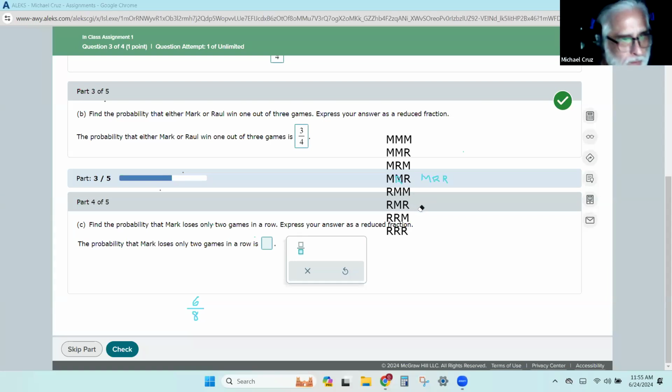So we got to look for 2 M's. It says only 2, so it would include this one. And that's the only ones. That's the ones that he wins 2 in a row. He loses 2 in a row, right?